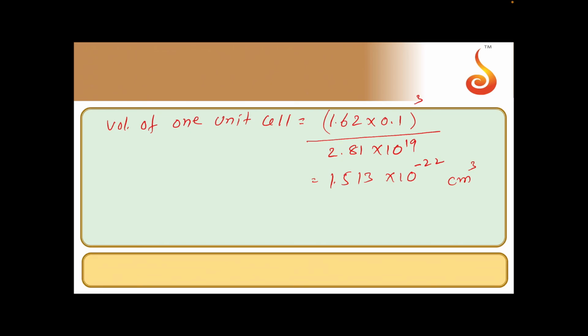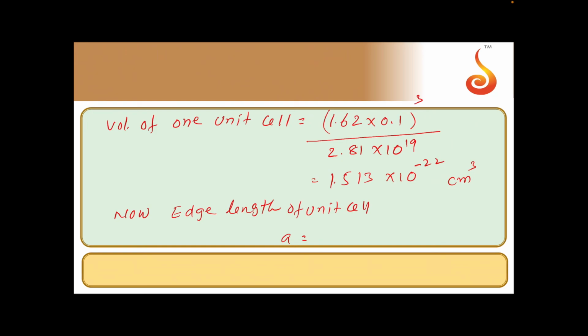So we know the volume of one cell. Then comes the edge length of the unit cell, which is equal to the cube root of this, because volume is equal to a cube. Therefore we require the edge length a.